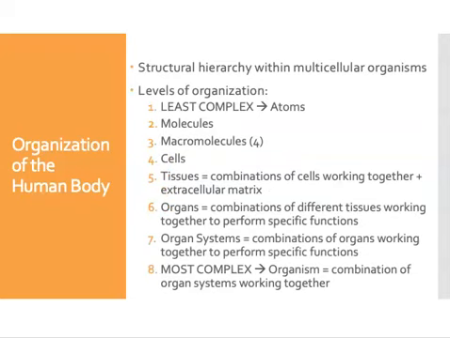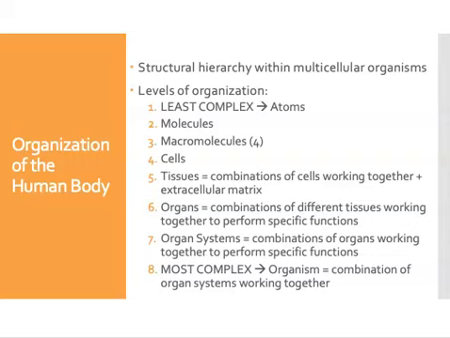The other list we need to be familiar with is the list that describes for us how multicellular organisms, like human beings, are organized. Remember, we said that living things have structural organization.